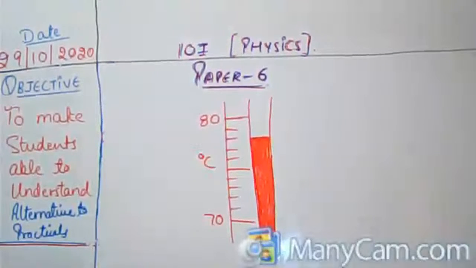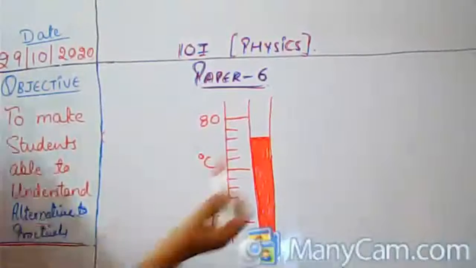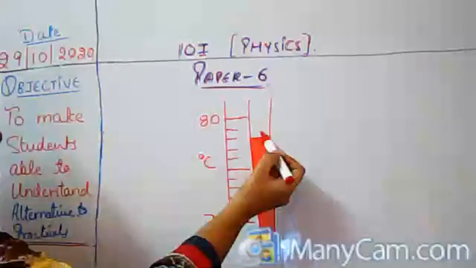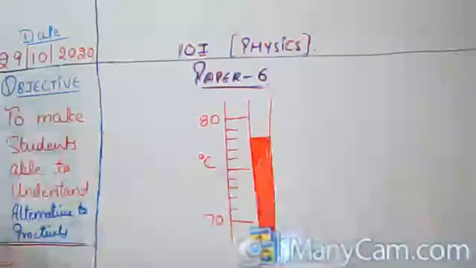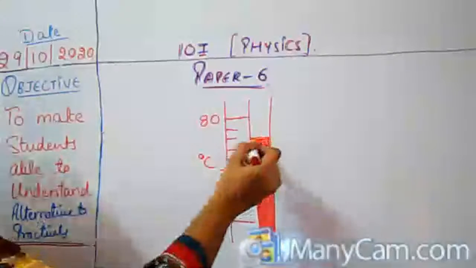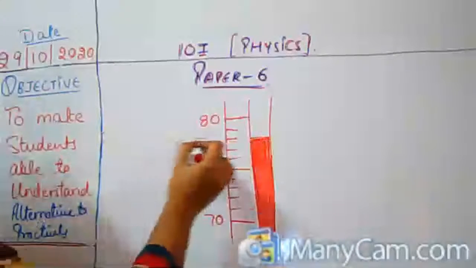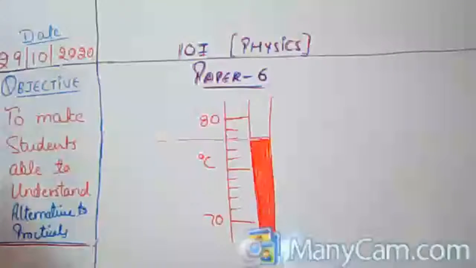Okay. So the answer with respect to this, as you can clearly notice from here, if somehow it goes till the half, then you will be having the readings in points. Fine. But here it is not going in the half. It goes exactly till here. Fine. So you must be aware of the least count, and after having the least count, you will be putting the values and you will be getting the answer.